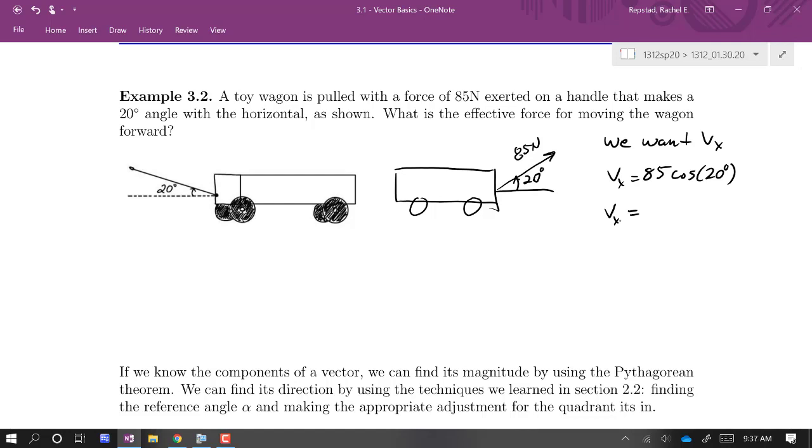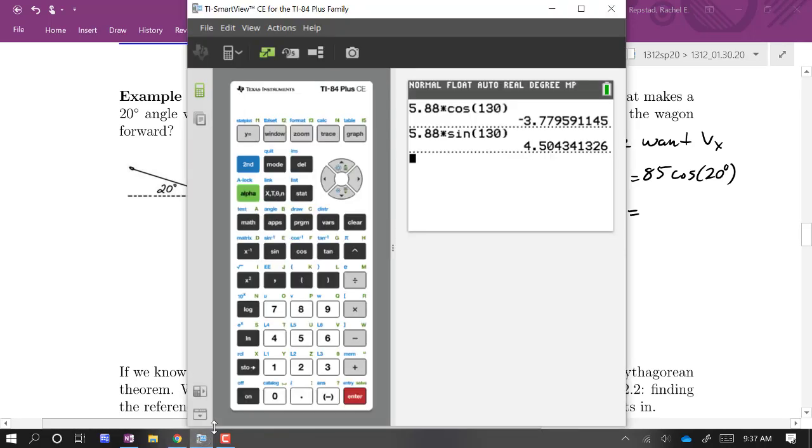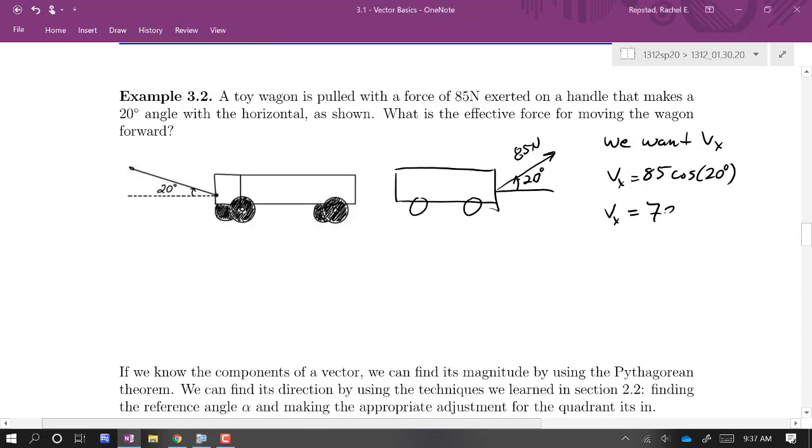Think of 20 as the reference angle, so that would be 160 degrees, and we get a negative x component. I get 79.87 newtons.